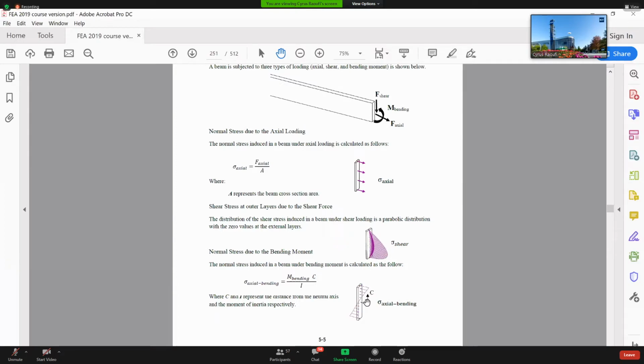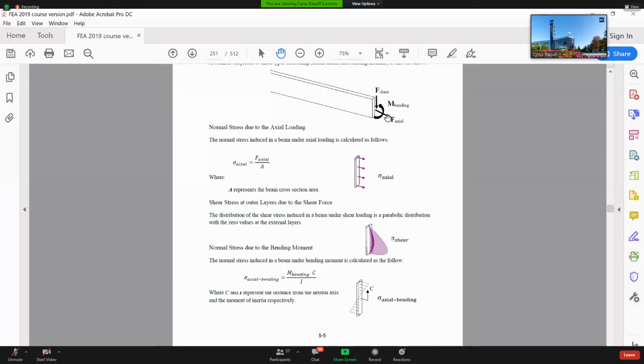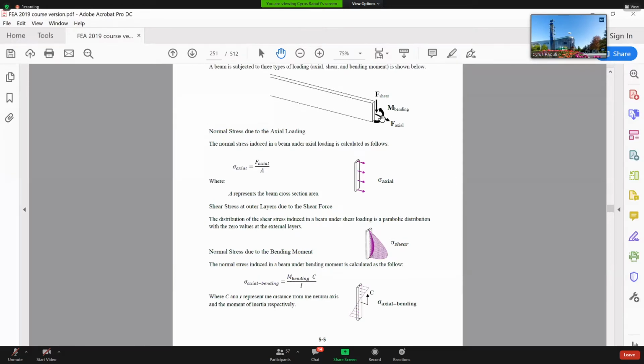And also, if there is a bending moment, the sigma generated by this bending moment would be 0 at the neutral axis or neutral layer, and the maximum would be at the outer layer, which equals MC divided by I. Now, that's a quick review of the stress components in a beam.